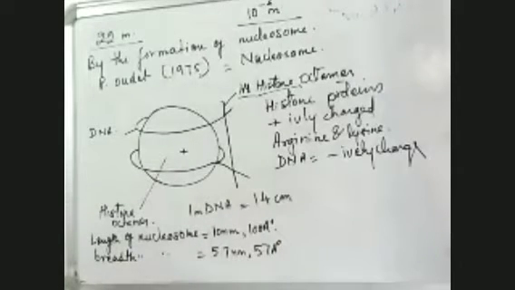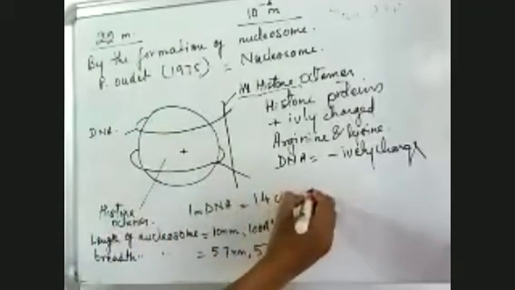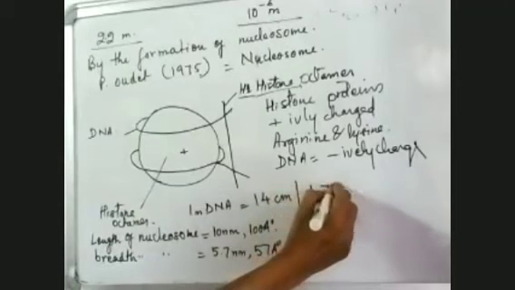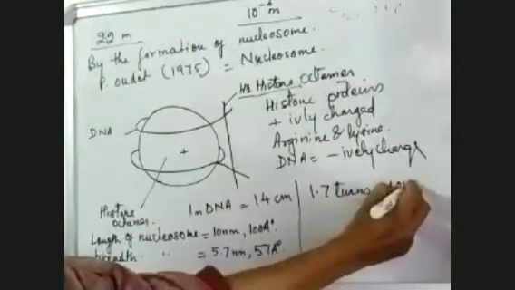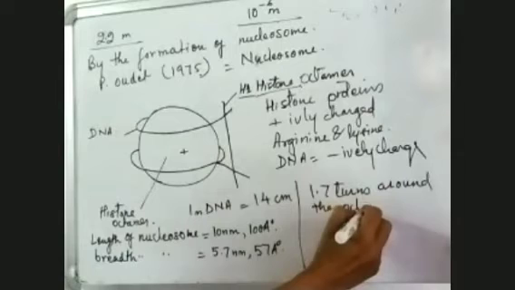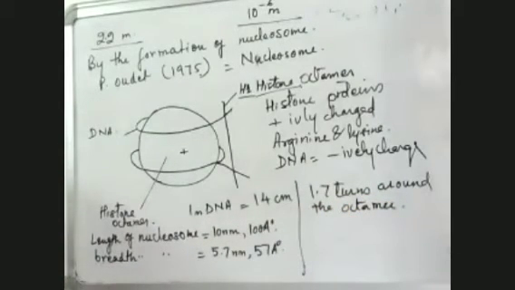One more thing is how many turns the DNA takes. DNA takes about 1.7 turns around the octamer.